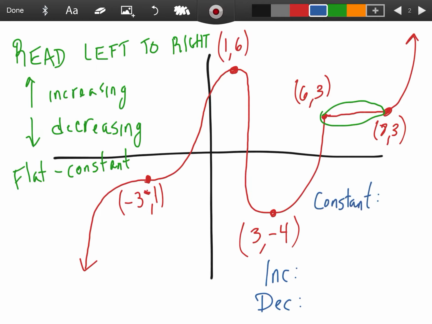Let's start with the constant one. It's only constant in one spot. Even though at -3, -1 it looks like it's starting to flatten out, it actually continues to increase. If it curves as it continues to increase, then don't call it constant. We're just going to say that it keeps increasing through there. So our only constant portion is this straight line right here from 6 to 8.